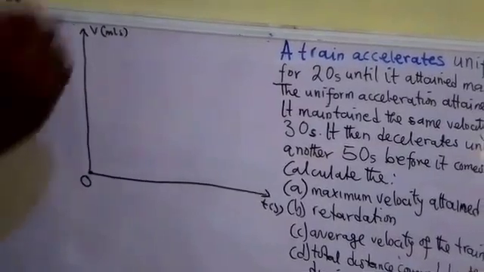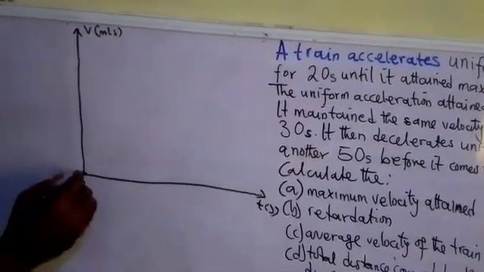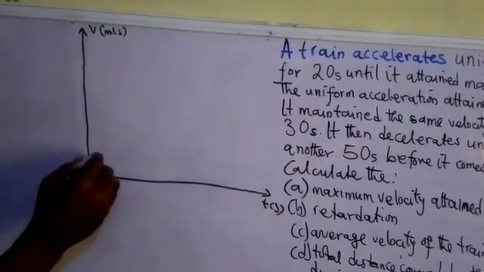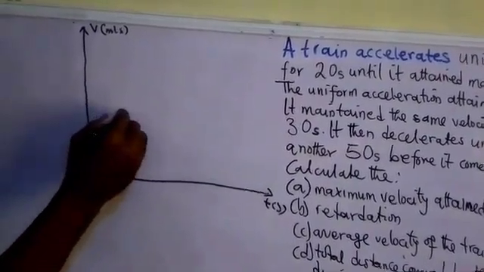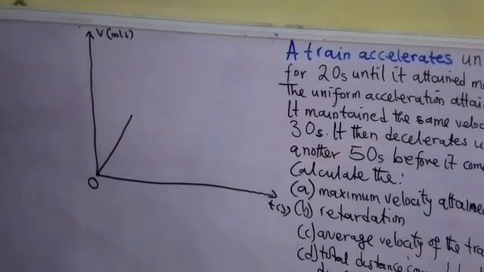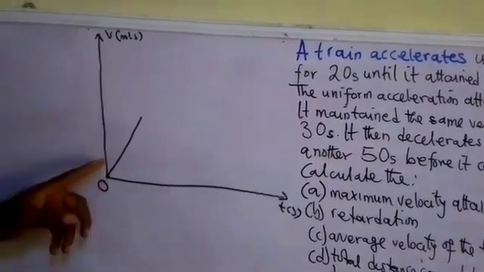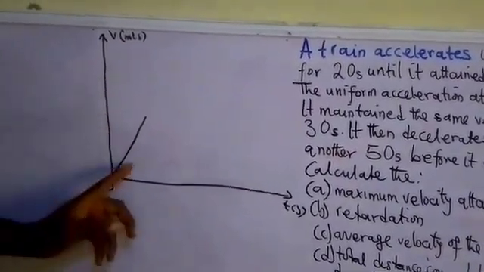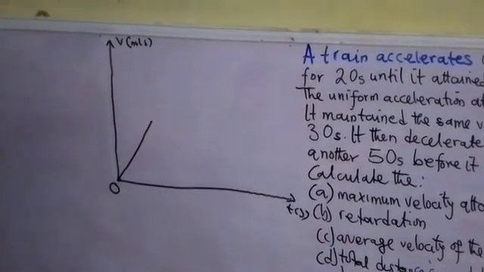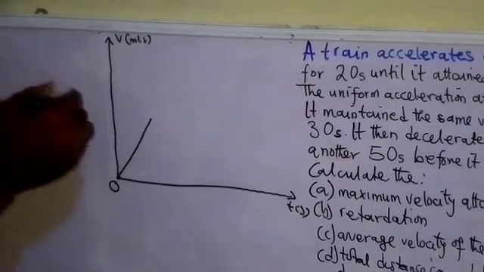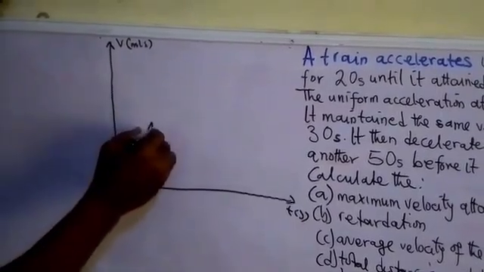For the train to accelerate, that means the velocity will be increasing as time increases. This line tells us the train is accelerating because velocity is increasing while time increases. And we're told that it's uniformly accelerated for 20 seconds.